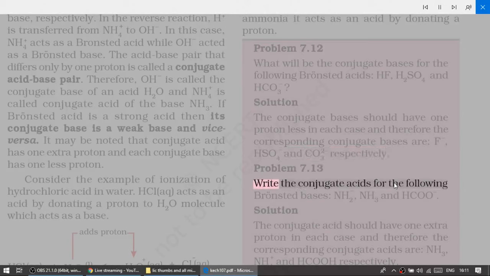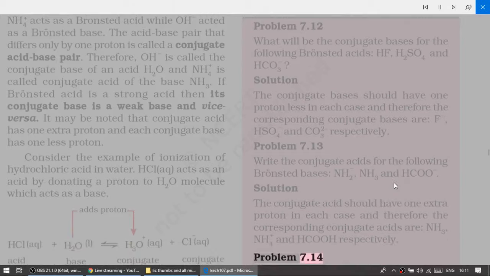Problem 7.13. Write the conjugate acids for the following Bronsted bases: NH2-, NH3 and HCO3-. Solution: the conjugate acid should have one extra proton in each case, and therefore the corresponding conjugate acids are NH3, NH4+ and H2CO3 respectively.